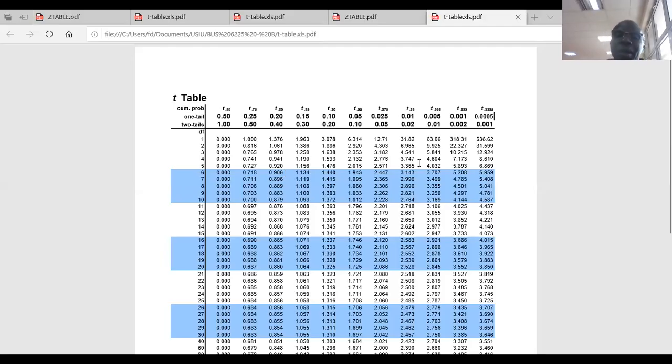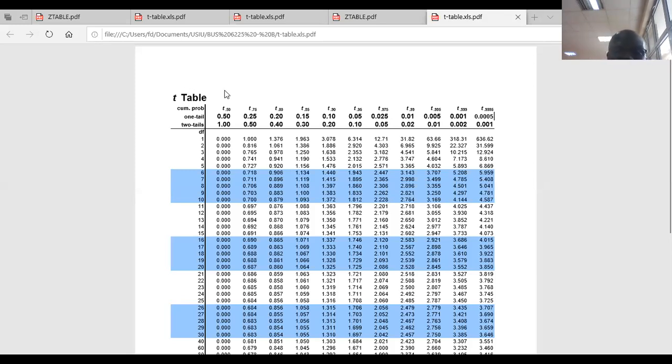And listen very clearly. For the Z, you simply went to the table and looked for Z 0.1. You did, isn't it? For T, now this is it. For T, you'd come here and look for two tail 0.2, because it was 0.2. It's 0.2 you are dividing into two, one 0.1, one 0.1.